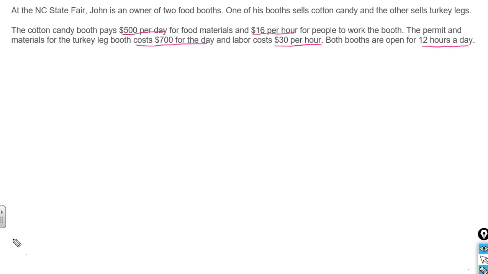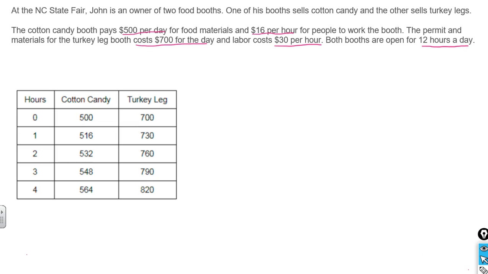Problem number 1 says, model the total amount the owner is spending each day to operate the 2 booths. Use multiple representations such as graphs, tables, and equations. So if we look at the table for this example, we are comparing the hours to the total cost that it requires to operate each booth.